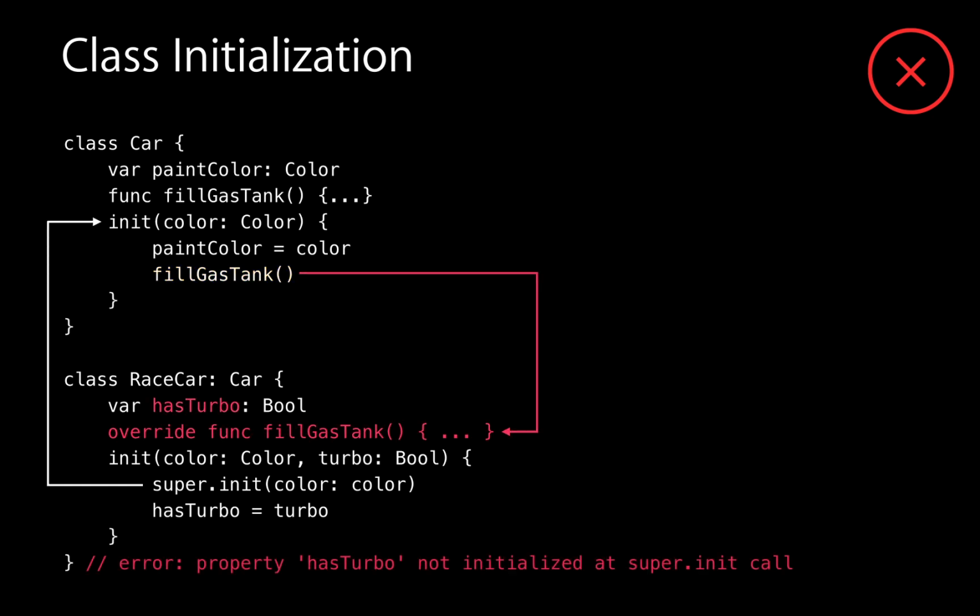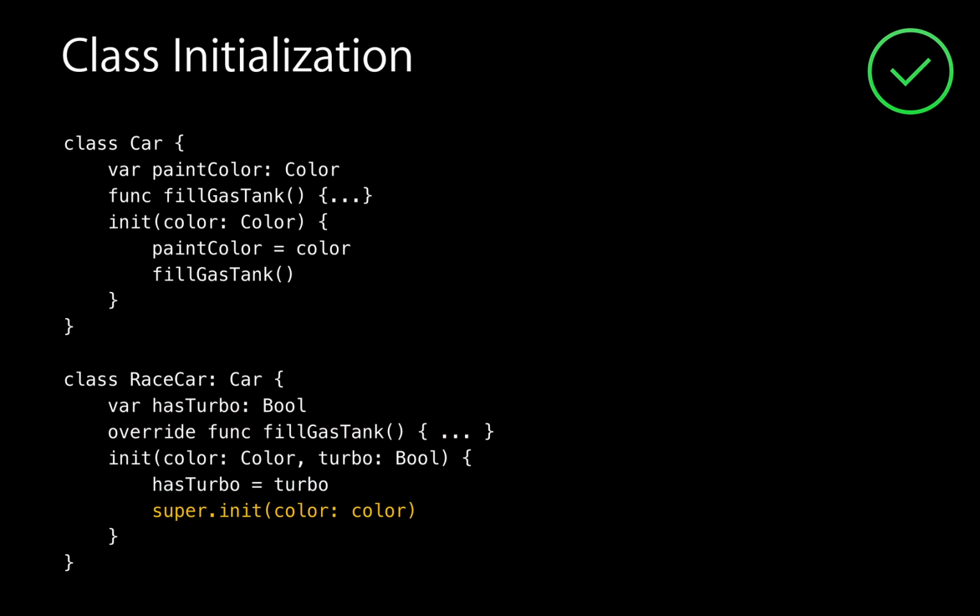Our problem is that we haven't had a chance in our own initializer to set our own properties. And so we're trying to call a method on self. We're trying to access an instance that hasn't been fully initialized, and that's not safe. So in Swift, we always make sure we set our own properties before we call our superclass's initializer to give it a chance to do the same.